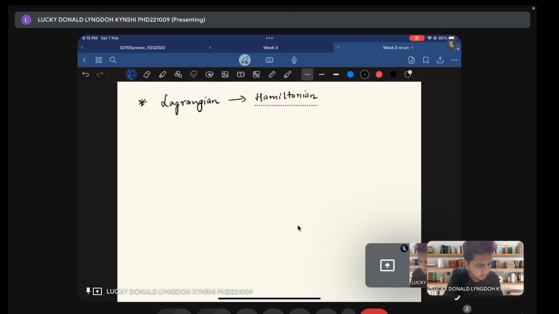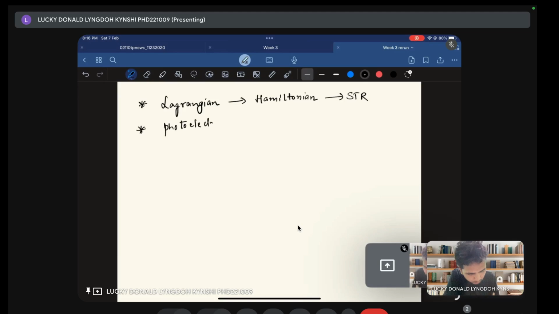Then we also talked about special theory of relativity. Then in the second week, we found out about the photoelectric effect, then Compton effect, and also atomic spectra.